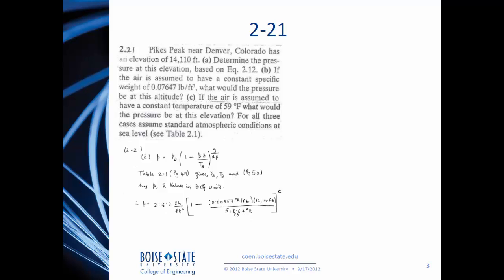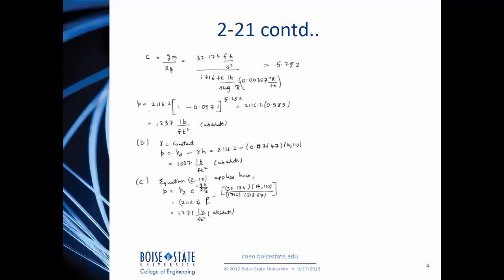So for PA, TA, and then beta value from page 50, and then we are given the altitude. And then C is nothing but G over R beta. So we can substitute G, R, and beta in English units, and then we can get P to be 1237 pounds per square feet in absolute scale.